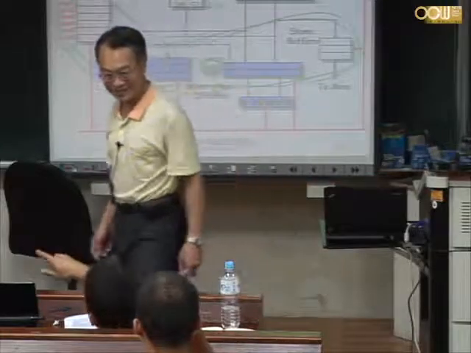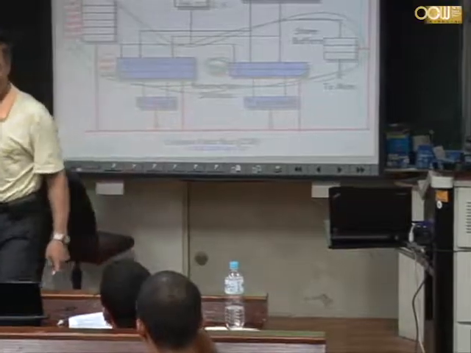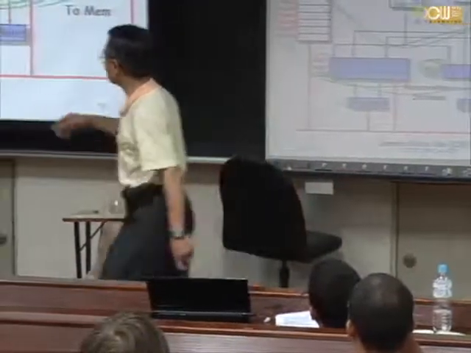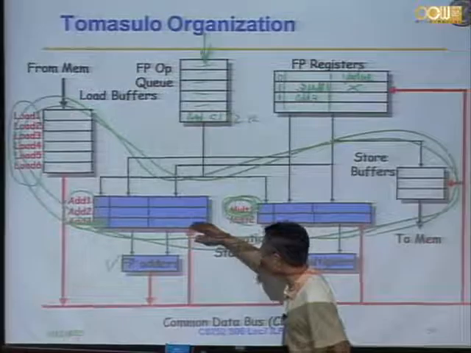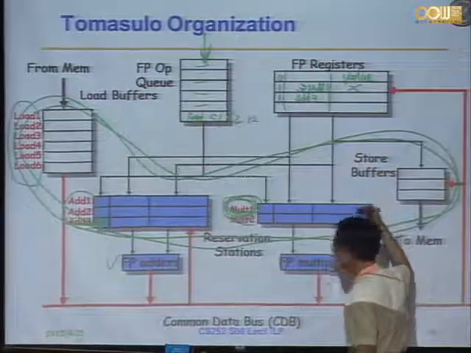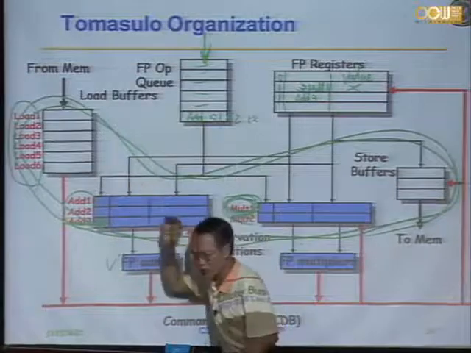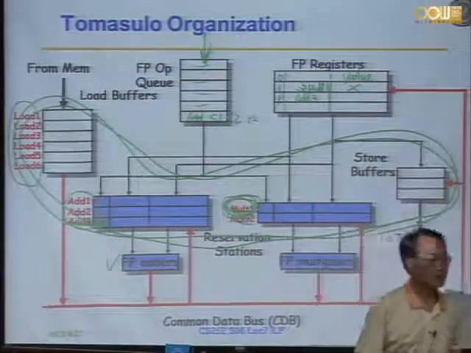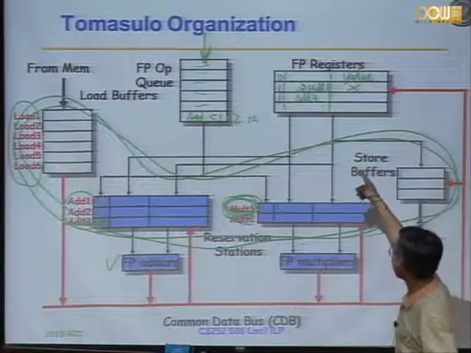Can two instructions reserve the same register? Of course. Say, this one wants to write R2. This one also wants to read R2. This one also wants to write R2, and that one also wants to write R2. So how is that handled?